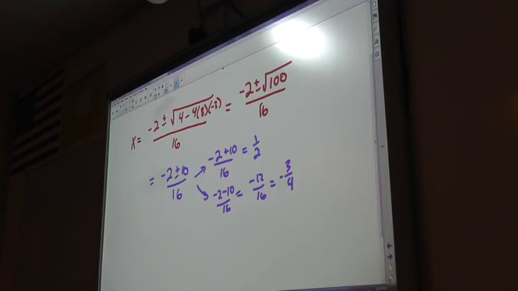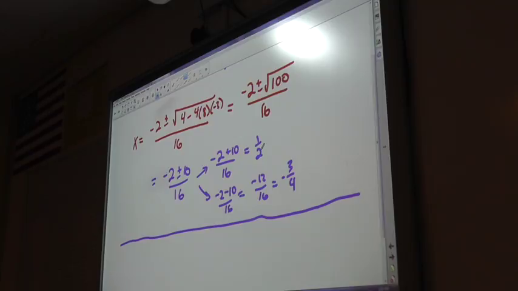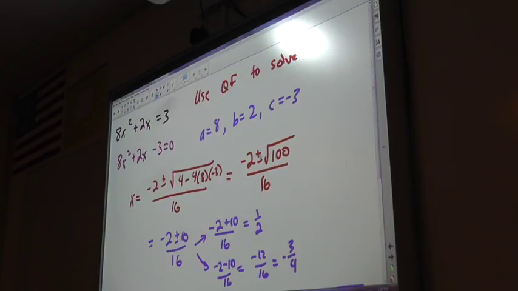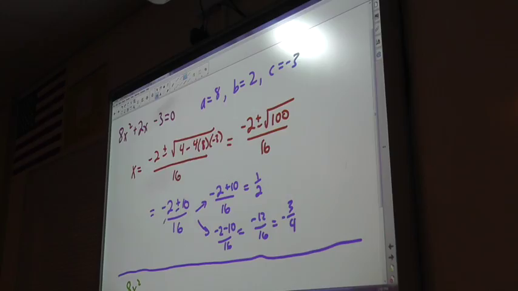Now, here's a secret. You can all be millionaires. Whenever you have fractions as your final answers, that means you could have factored it the whole time. Is that true here? Or am I lying? I could be lying.